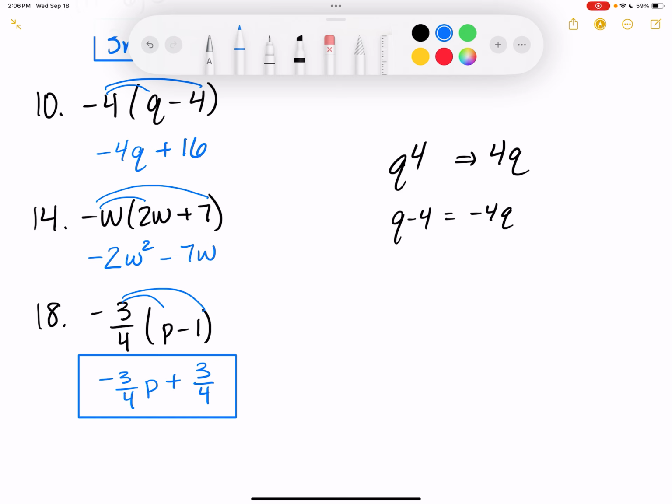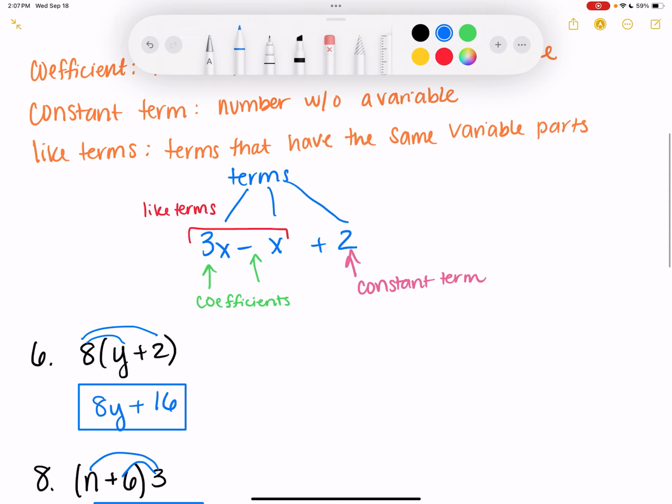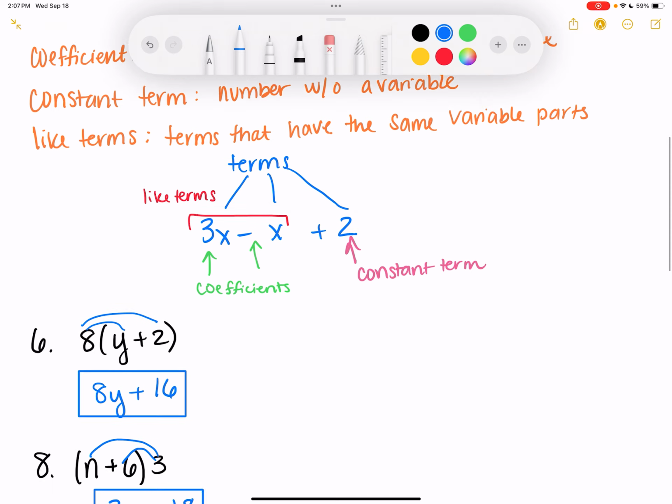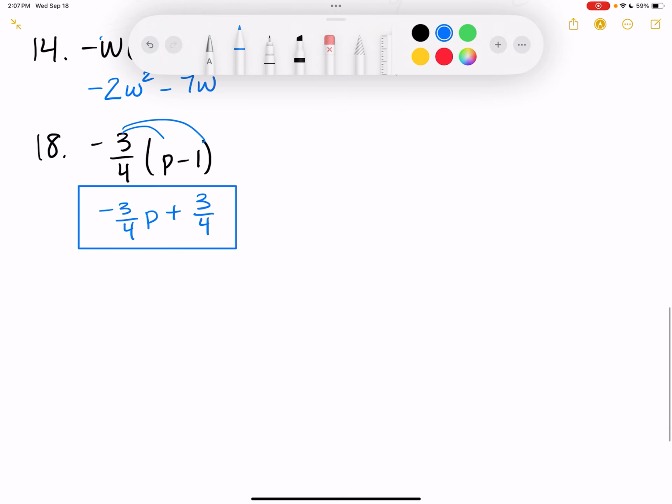All right, identify the terms, like terms, coefficients, and constant terms of the expression. The way that I labeled this one up here is essentially what we're doing. Number 24: negative 3y squared plus 3y squared minus 7 plus 9.